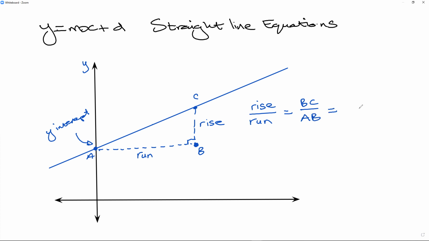We call that the gradient. And we can do this for several different kinds of straight lines.